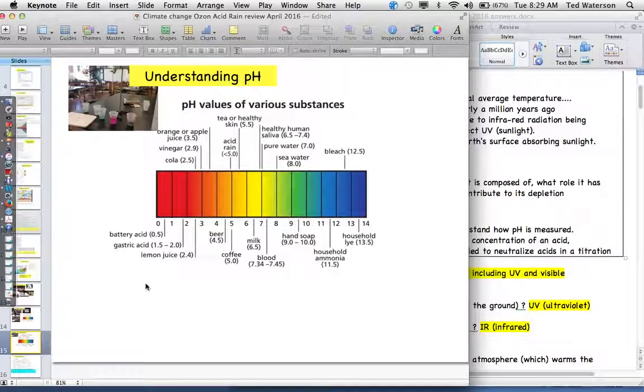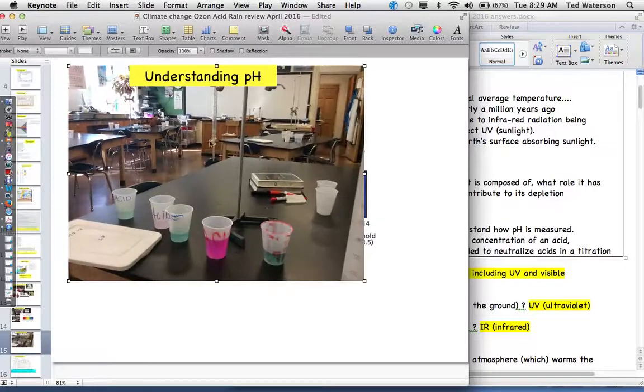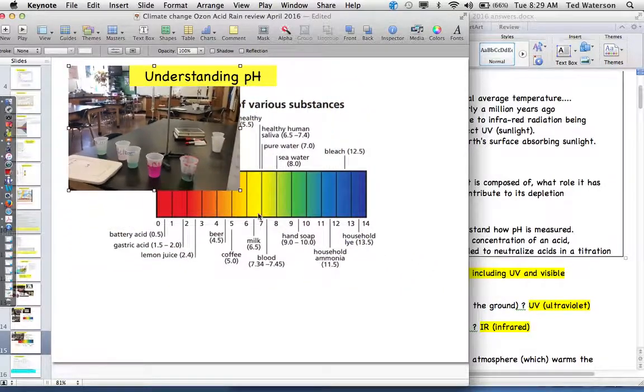Okay, so if we add chemicals to water that make it acidic, the pH gets lower, further from 7. Now what we did in our titrations, if you remember our burettes, we would put a base in there. The base that we used was pretty much just like soapy water. So we were right about here, 9, 10.